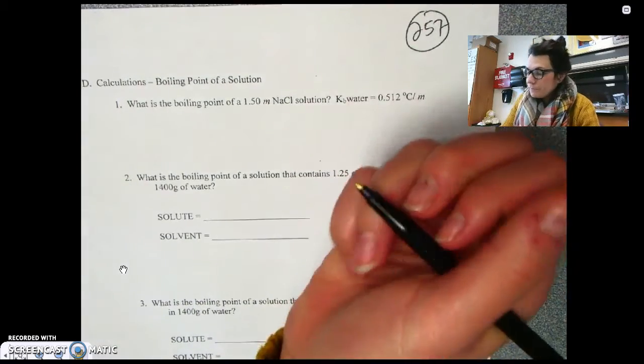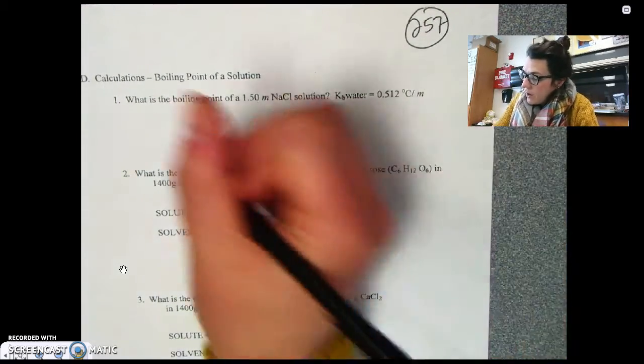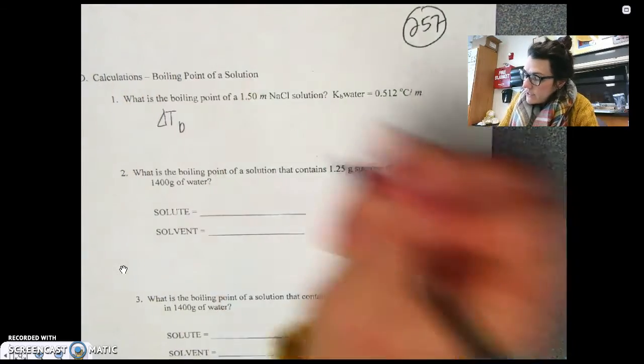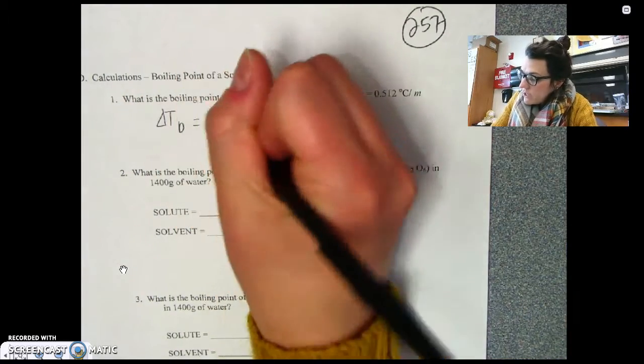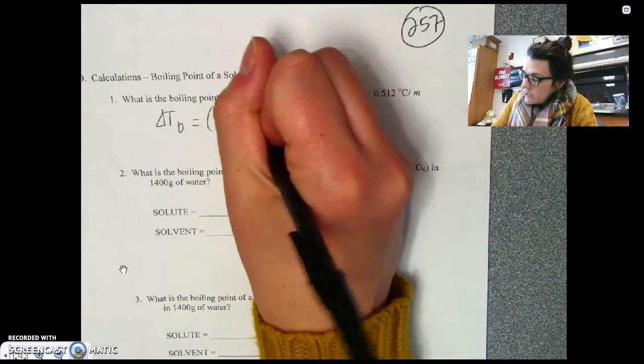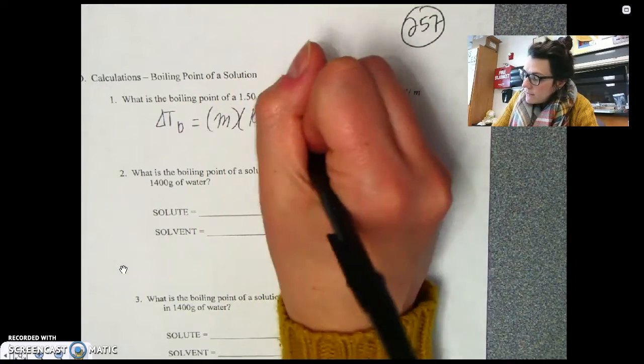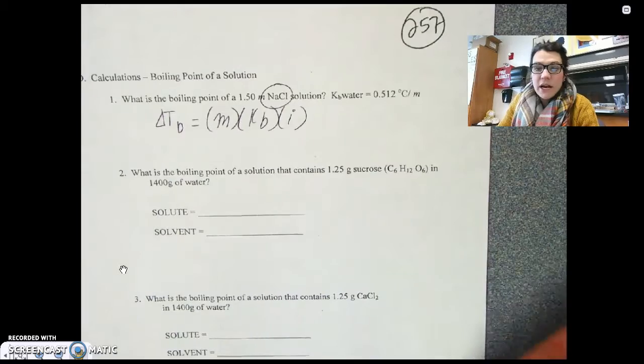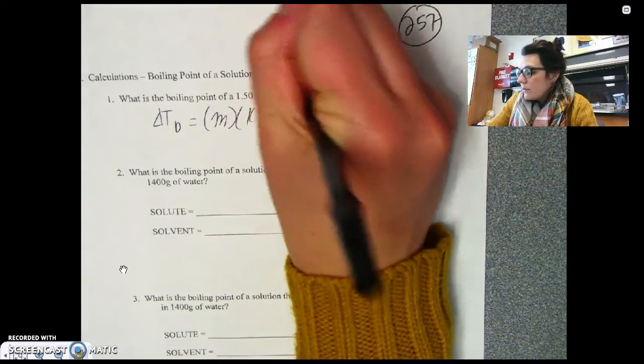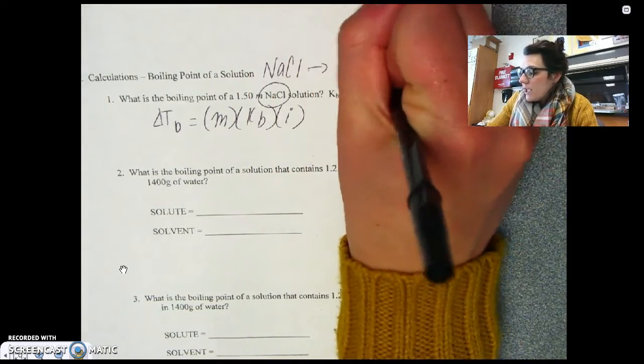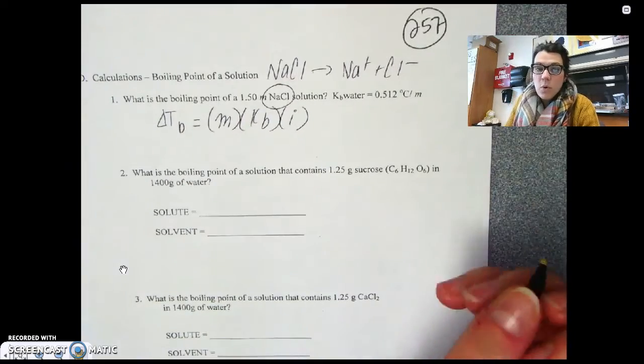So for example, if I have delta T of B, and it's asking for the boiling point, it is going to be equal to the molality times the Kb constant times that van't Hoff factor if you're dealing with an ionic compound. So sodium chloride breaks down into sodium and chloride, so van't Hoff is going to be 2.